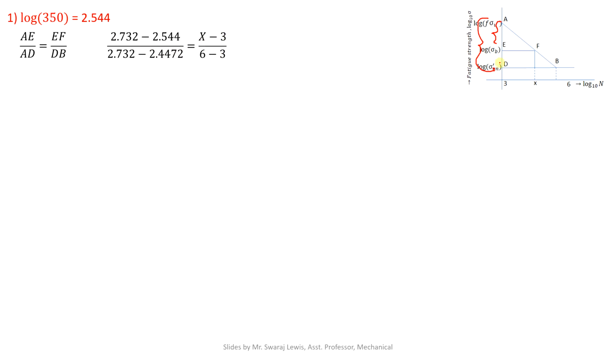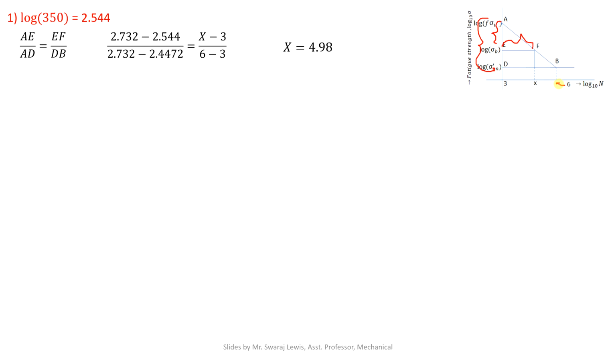Whereas on the other side, EF is x minus 3, because this gap is the small gap, and DB is 6 minus 3, that is the larger gap. 6 is here. So when you substitute all the values, you get x equals 4.98.